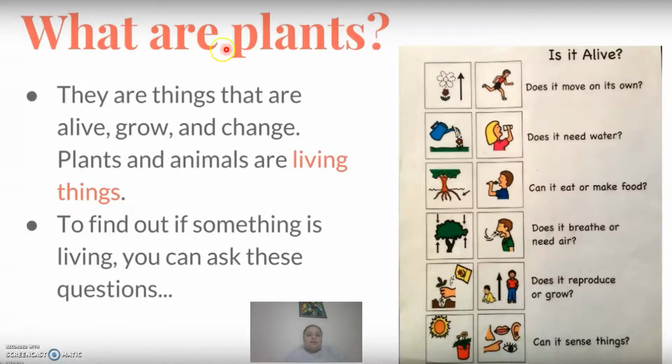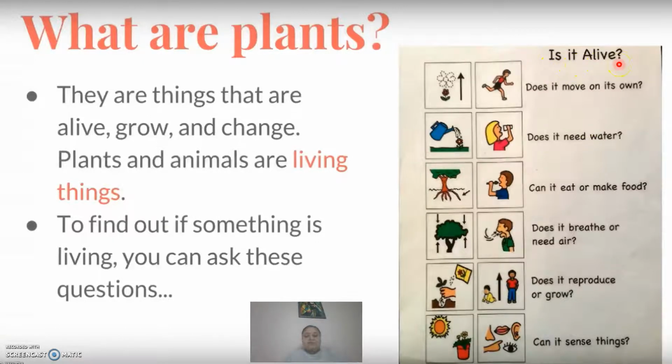What are plants? Now, we just read that plants are living things. So they are things that are alive, they are living, they grow and change. So plants and animals are living things. Now, to find out if something is living, we can ask ourselves these questions, like, is it alive?